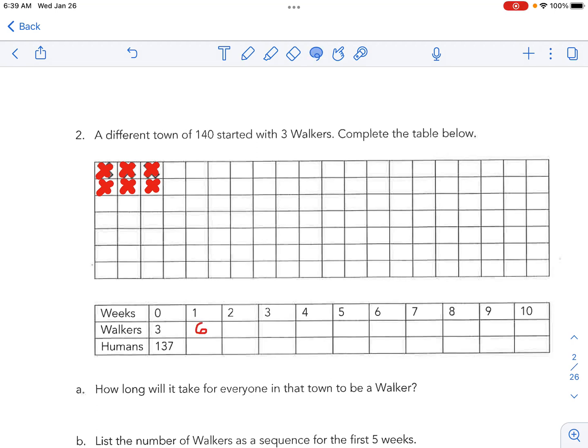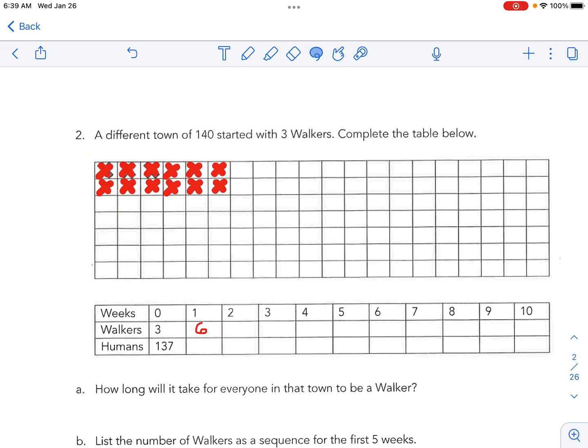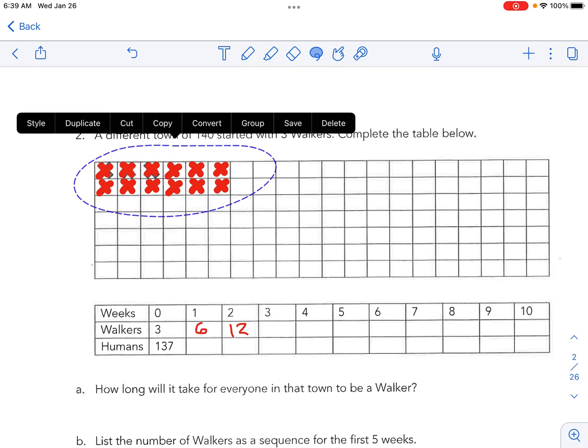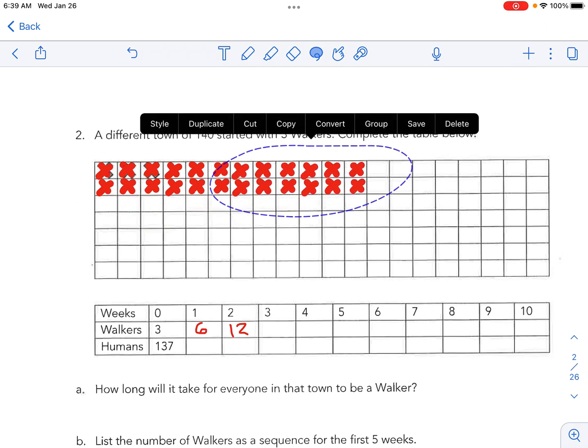And then each one of those zombies is going to bite somebody. And we now have 12 zombies. And so we're going to continue this doubling pattern. These 12 zombies bite people, and we now have 24 zombies.